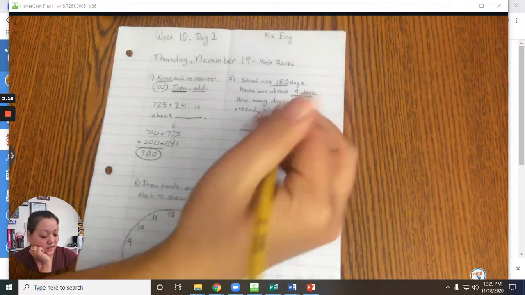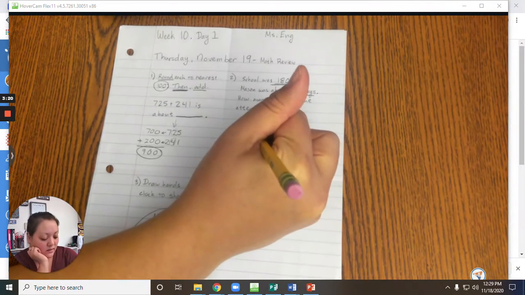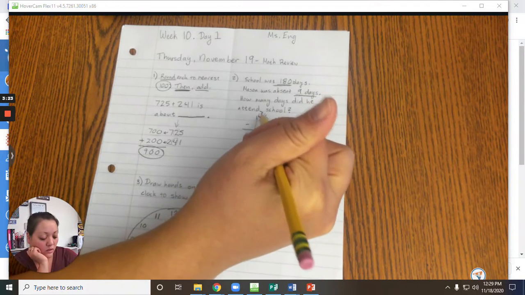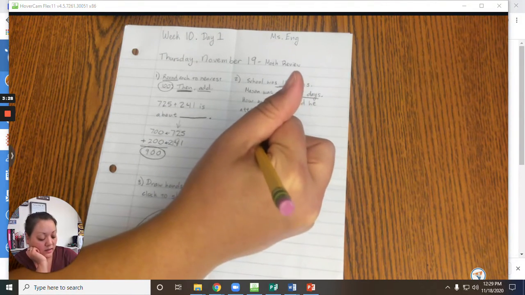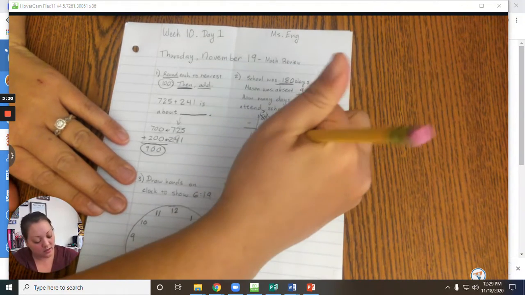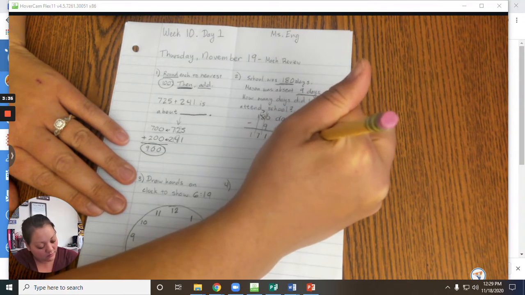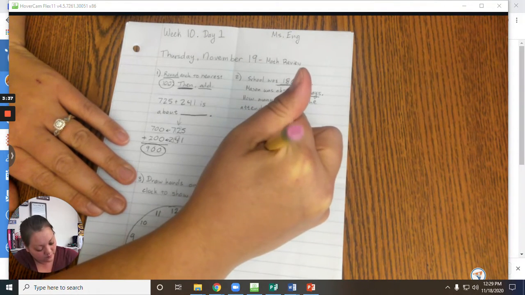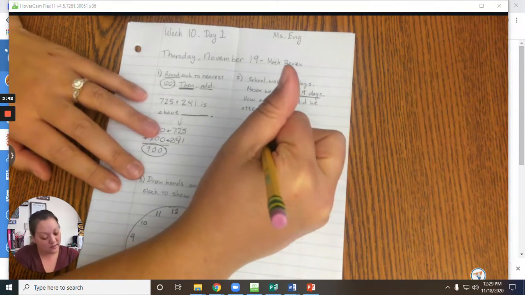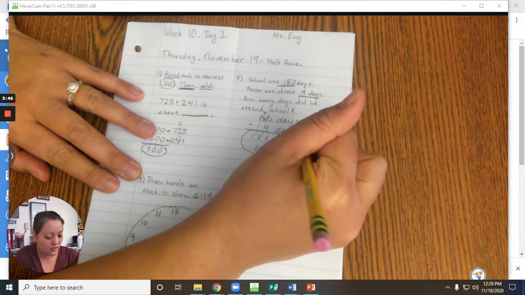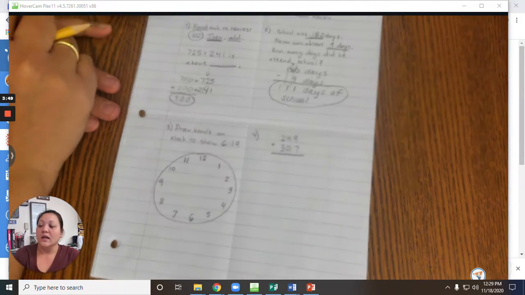Now if I go 10 minus 9, I can do that, which would leave me 1. 70 minus nothing is 70, and 100 minus nothing is 100. So Mason attended 171 days of school last year. Okay, so that is the answer for this. It is important that you label what you are talking about.